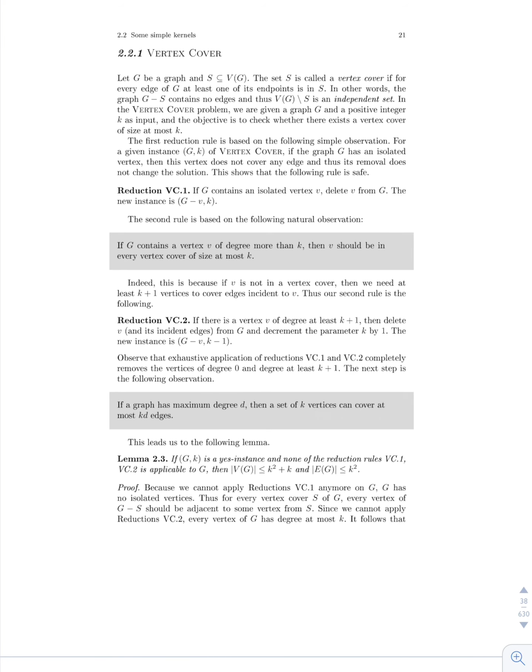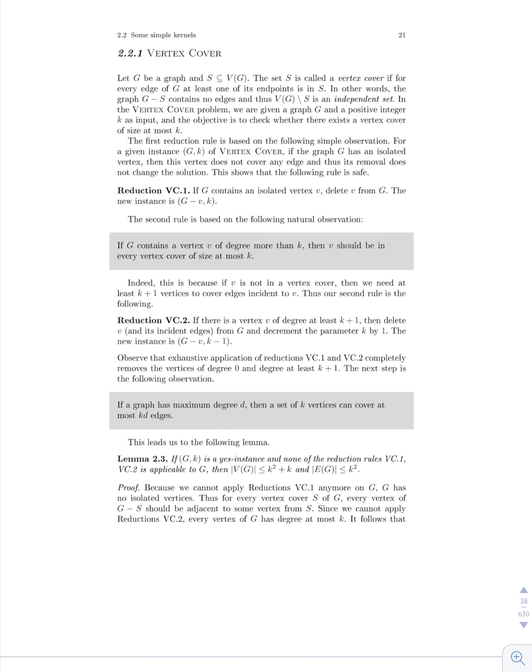I then have to choose the vertex which has a degree greater than or equal to k plus 1. So I apply this rule to get a new graph having that particular vertex removed, and since I add that vertex to my vertex cover, I also decrement the value of k.